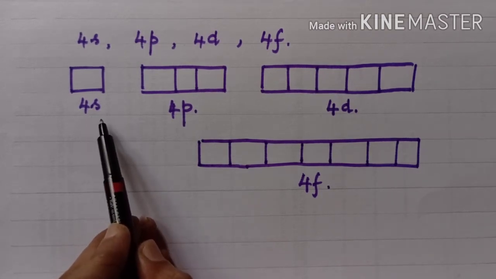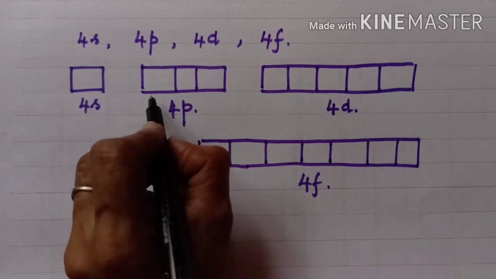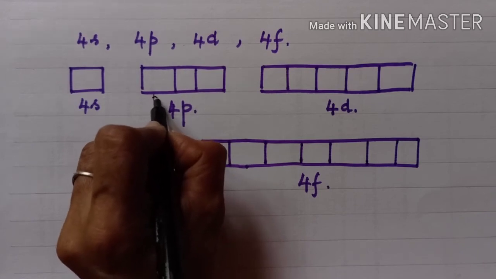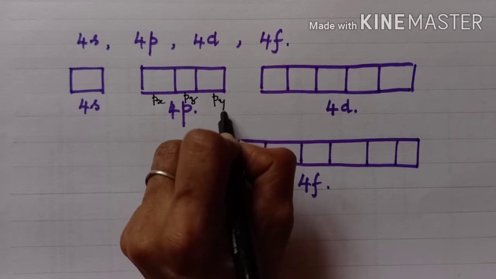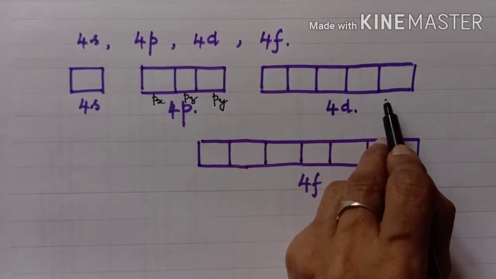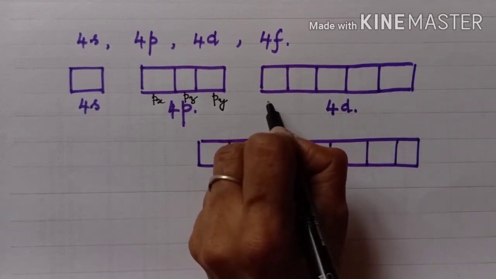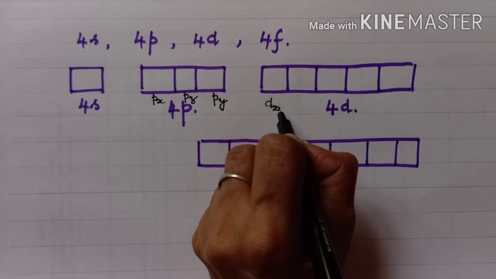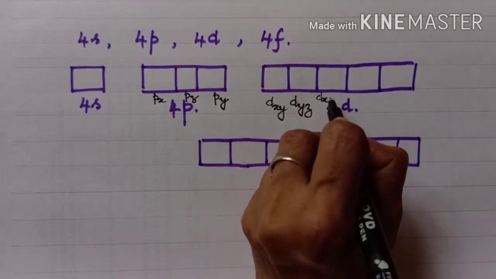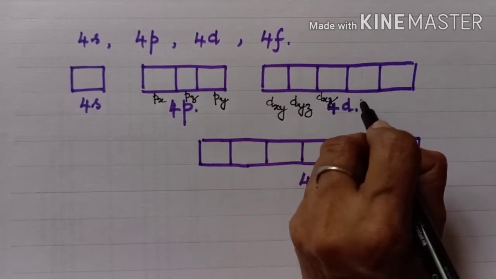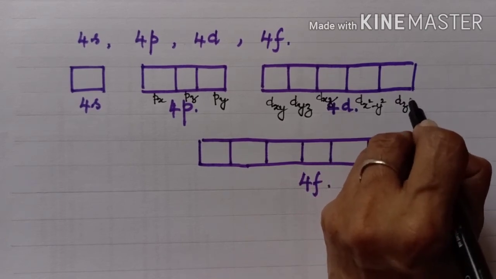S orbitals, which are spherical in shape, are of only one variety. P orbitals can be of 3 varieties: px, pz, py. 4d orbitals are of 5 different varieties: dxy, dyz, dxz, then dx square minus y square and dz square.